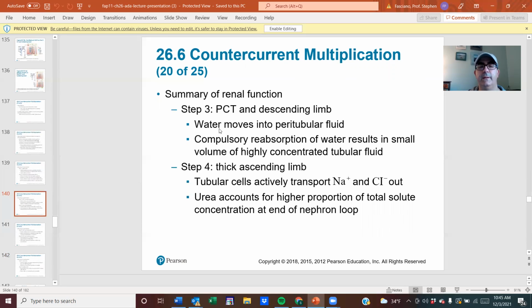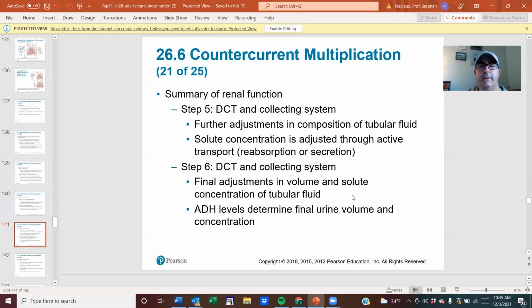Step three, in the proximal convoluted tubule, you actually go the other way, right? Water moves into the peritubular fluid. It's moving out of the bloodstream. And then step four is that you have a thick ascending limb. Tubular cells are actively transporting sodium and chloride out.